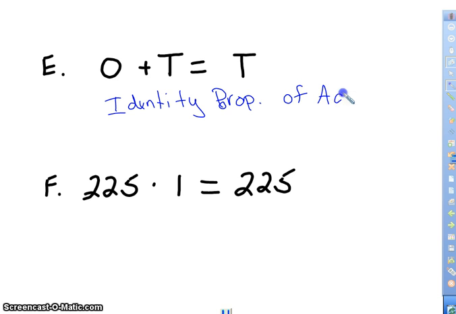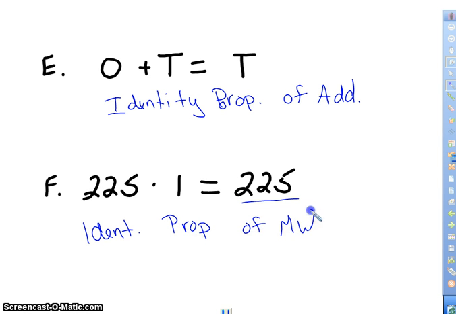Because I am showing that I added 0. Okay, down here, it's the same type of thing. I get 225 times 1 equals 225. So it's an identity property, but this time it's of multiplication. Property of multiplication. Okay.